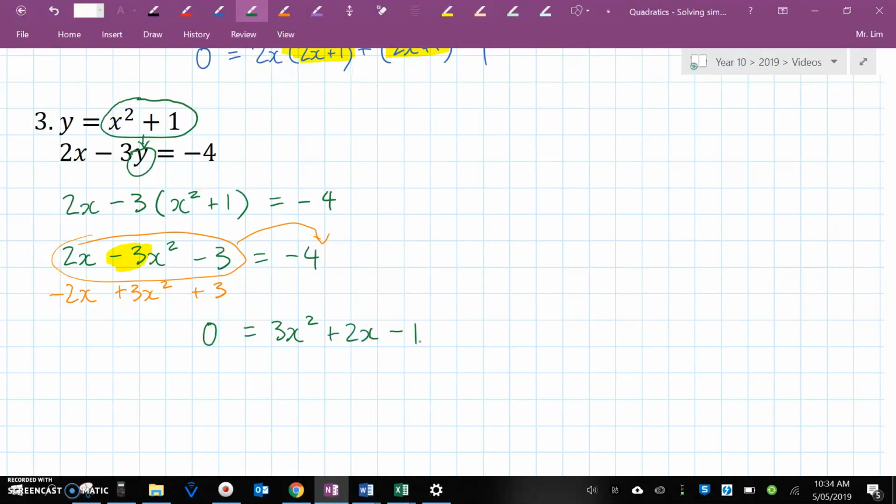Again, this is a non-monic quadratic trinomial. So, I'm going to multiply 3 and minus 1 to get minus 3. And I'm looking for two numbers that multiply to minus 3 but add to positive 2. Those two numbers are 3 and minus 1. So I'm going to split this 2x into 3x and minus 1x.